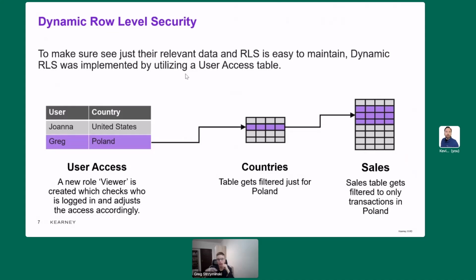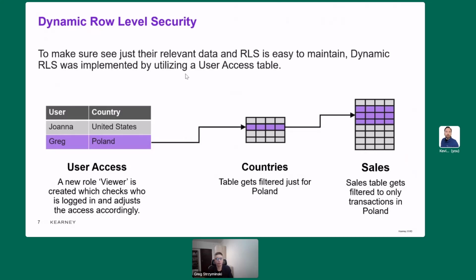For example, Alice should have access to multiple countries, like 10, 20 or so. It can get tedious to manage all of that, because you will have 10, 20, or 100 roles, and that will not work very well. So what Microsoft invented and implemented a couple of years ago is another option, a dynamic row level security.